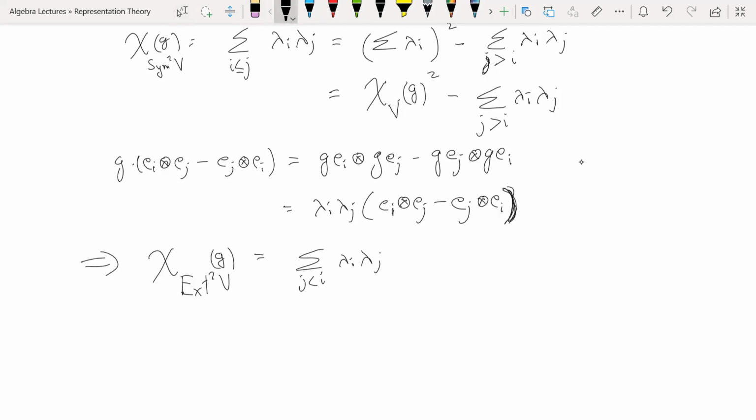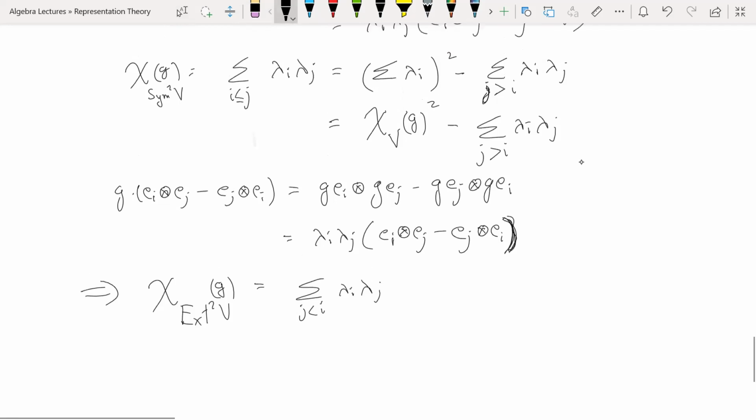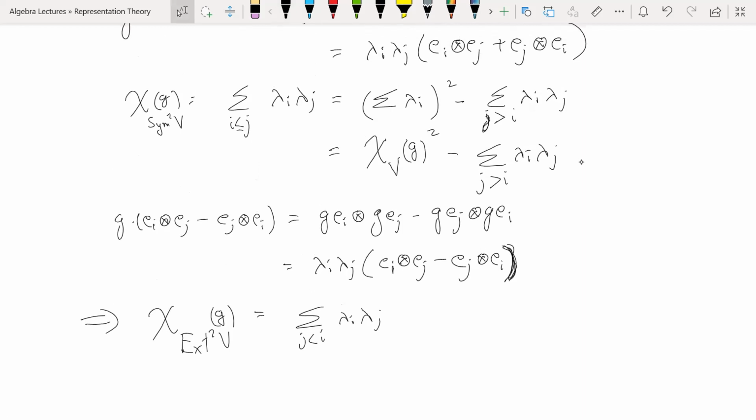So what I've proved is something which we knew already, but anyway, I think I've given you some formula as well. So this piece, we knew that this sum has to be this whole thing.